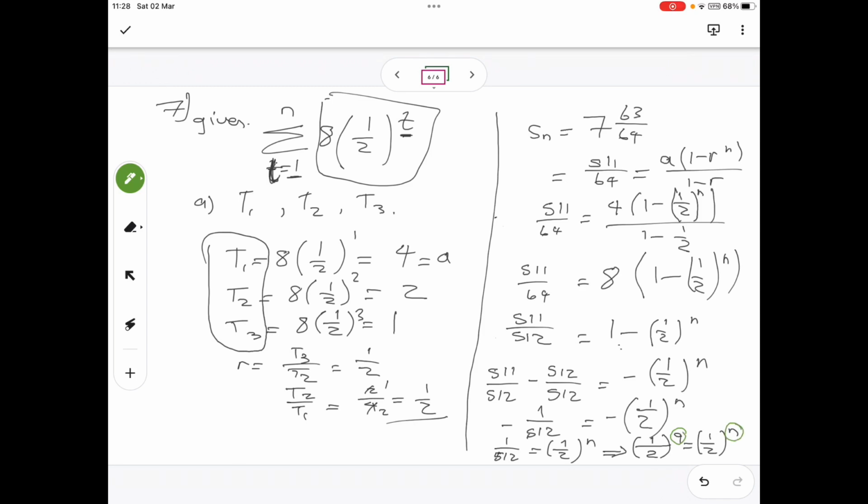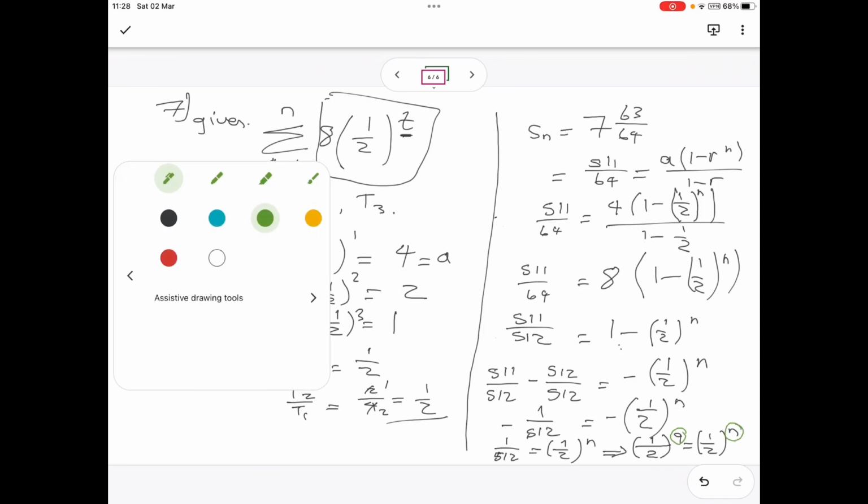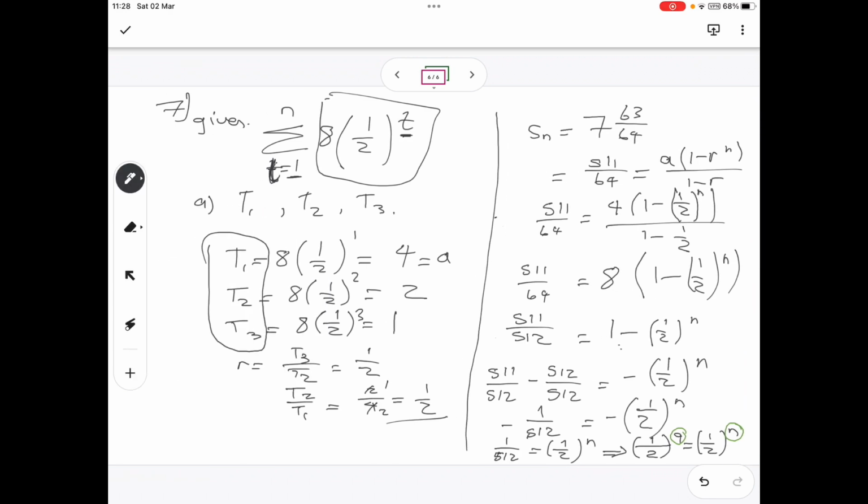And then my final answer is that n equals 9. So I'll just make a partition for it there. Therefore, n equals 9.